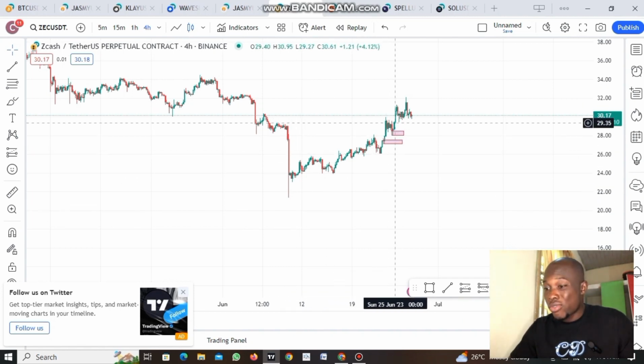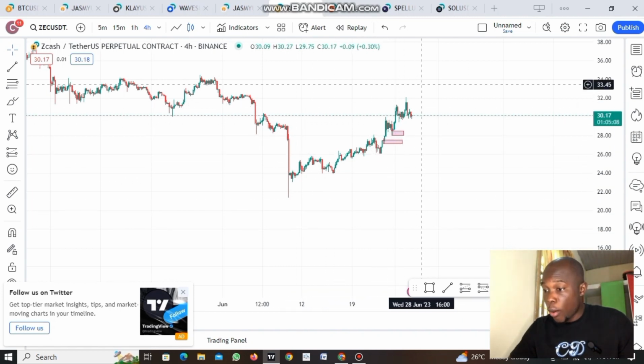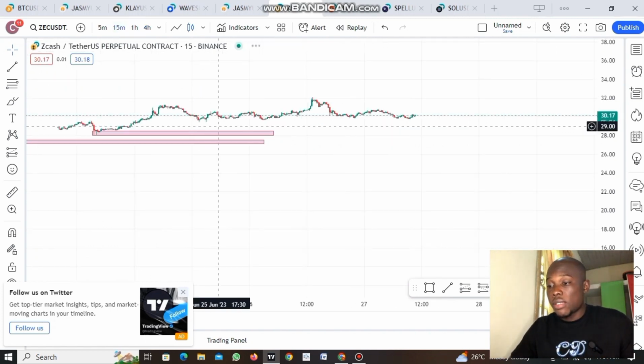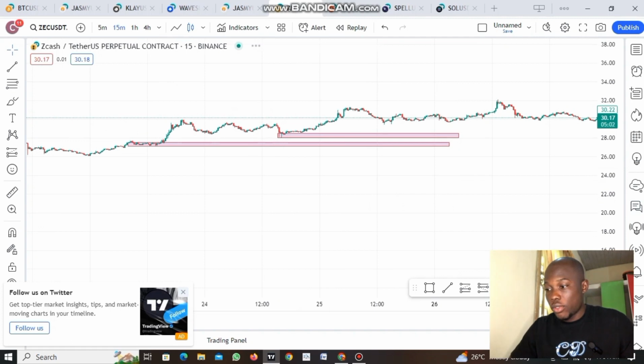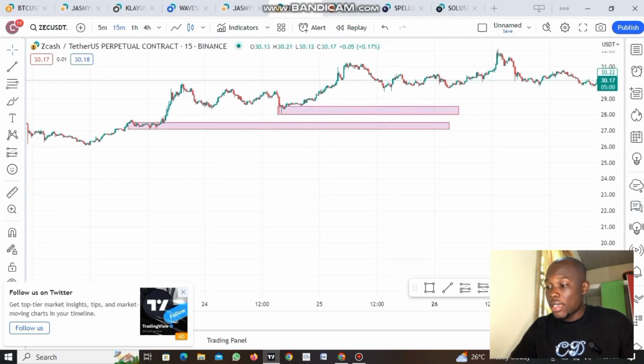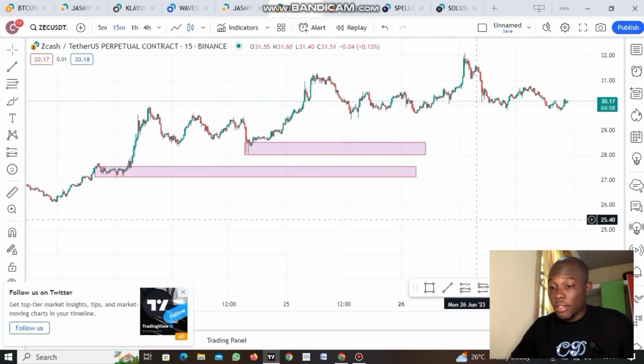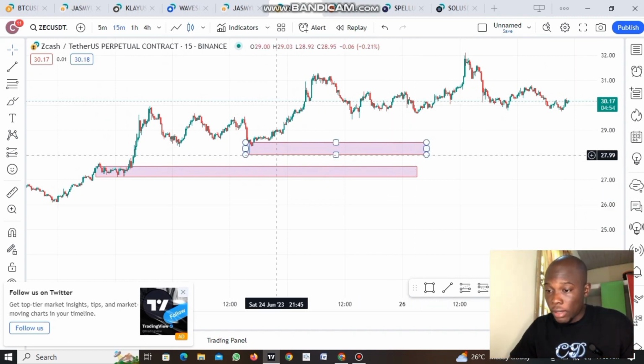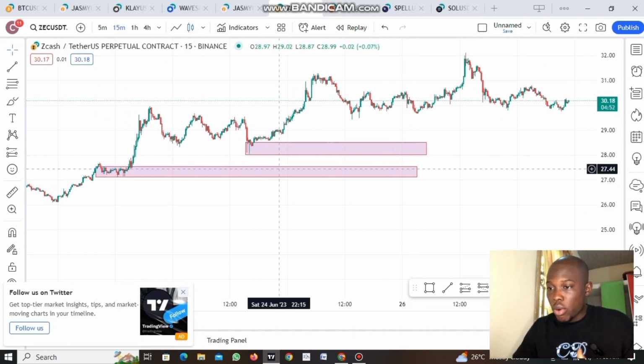So the market is actually trending up. Now, once I've confirmed this, I go back to my 15 minutes time frame to execute. This is now from my own strategy. I prefer to execute trades from the 15 minutes time frame because it makes it easier to enter and to go out, especially as a day trader.